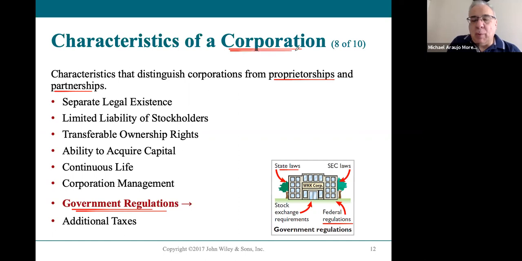There may be fewer corporations than there are sole proprietors or partnerships out there, but the corporations are very, very large for the most part. So when governments make laws, it usually affects corporations a lot more than any other type of business, which means corporations assume certain costs to comply with those laws.